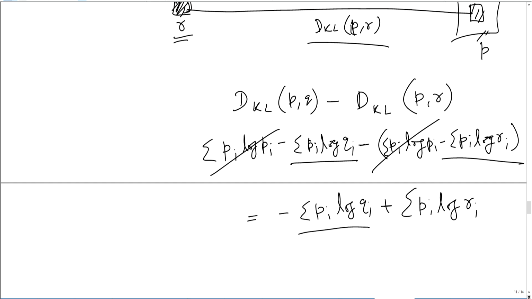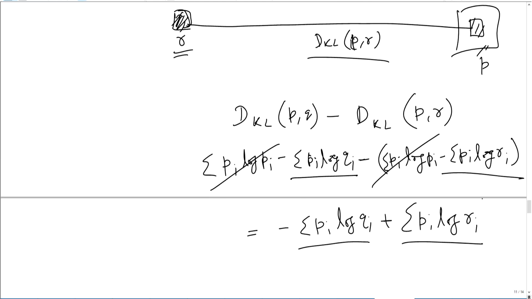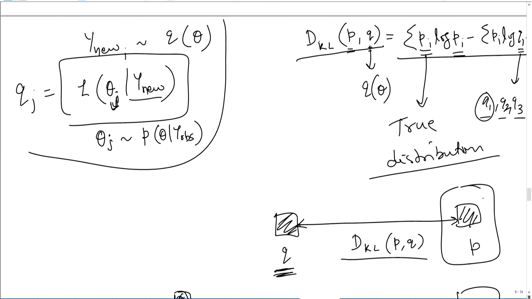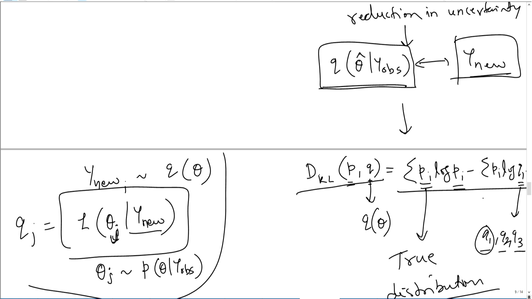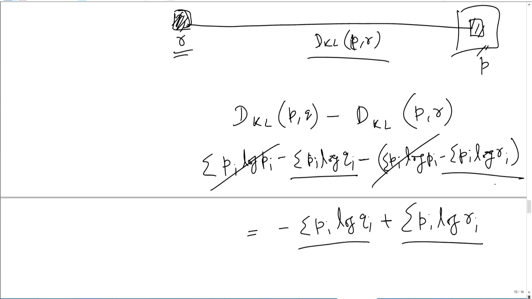Now, interestingly, this term has become symmetric in a way. When you are measuring KL divergence between P and Q, it was Pi log Pi minus Pi log Qi. So, the Pi term was in this term as well as in this one. This would imply that the distance from Q to P and from P to Q are different. So, this is an asymmetric measure of distance between P and Q, but now that is not the case.